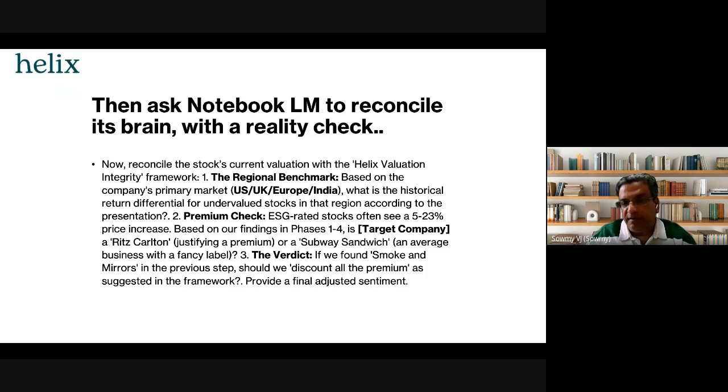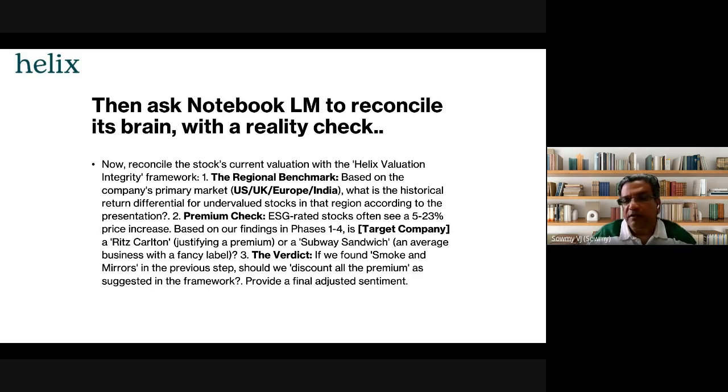And then number 3, if you found any of the smoke and mirrors, should we discount all the premium, or should we give an adjusted valuation? When do we discount all of the premium? When any of those smoke and mirrors exist. If none of those smoke and mirrors exist, the ESG rating still holds good.